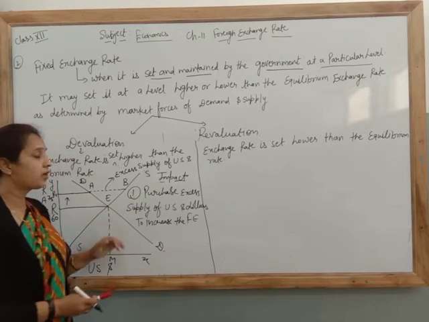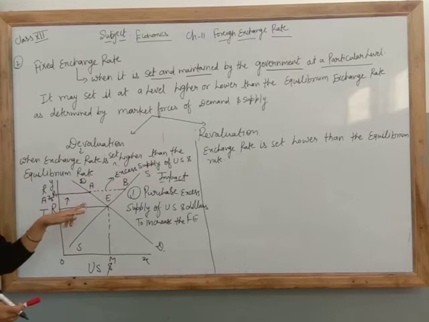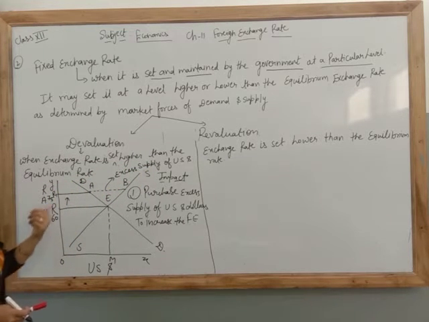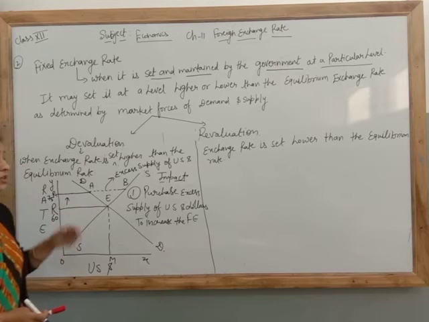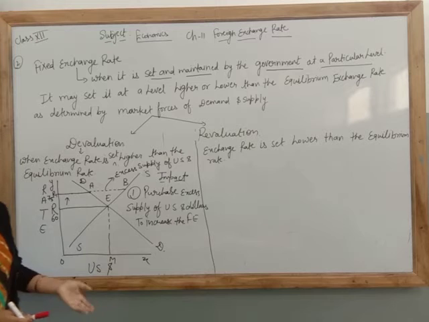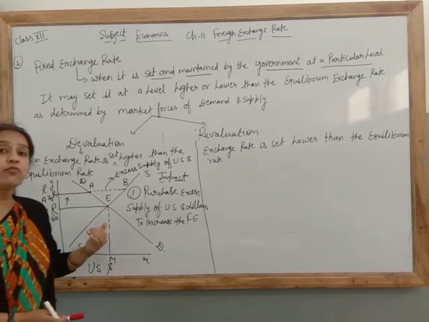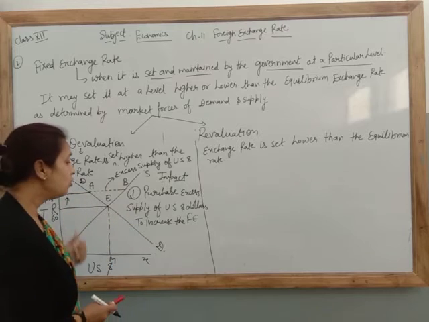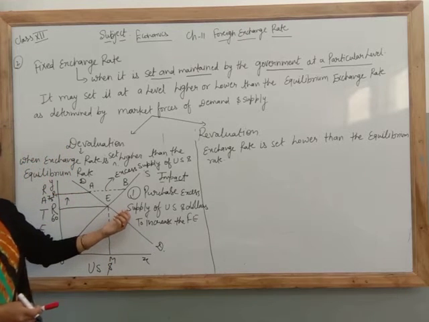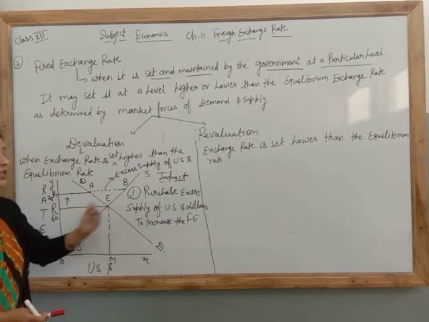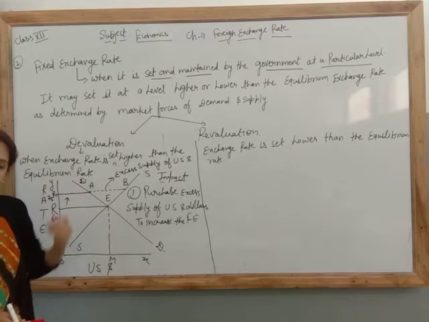The first impact, the reason the government devalues the domestic currency, is that there will be an excess supply of US dollars in the international market. By purchasing those US dollars, the government definitely wants to increase the foreign exchange in India.